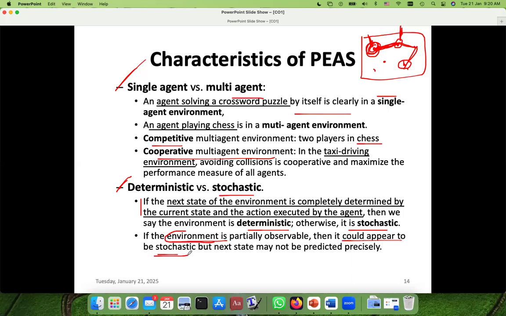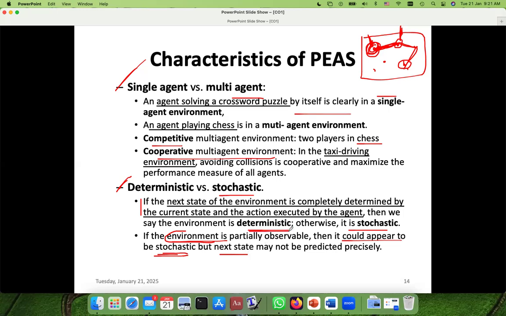If the environment is fully observable, then it is not in this category. If the environment is partially observable, it means some states you can determine, some states you cannot. So then it would be stochastic, because the next state you can predict either correctly or not, because it is partially observable.